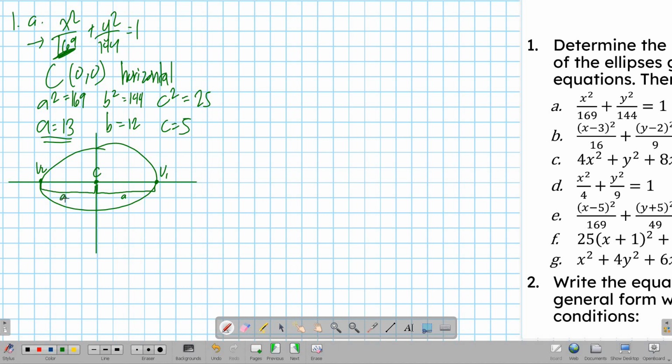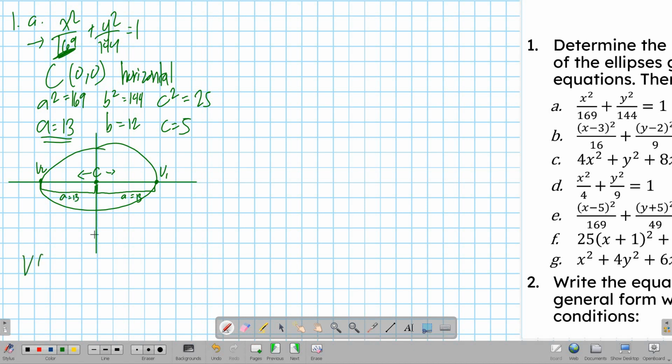Now, since our center is at 0, 0, and since it's a horizontal ellipse, the vertices, we're going to move from the center to the right and then to the left to get to the vertices. In this case, 13 units to the right and 13 units to the left of 0, 0.